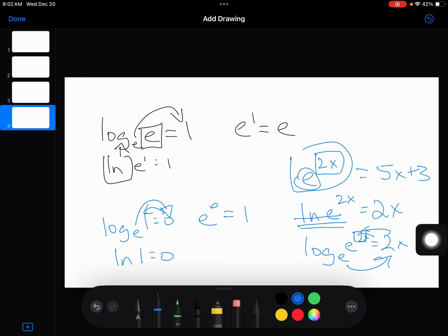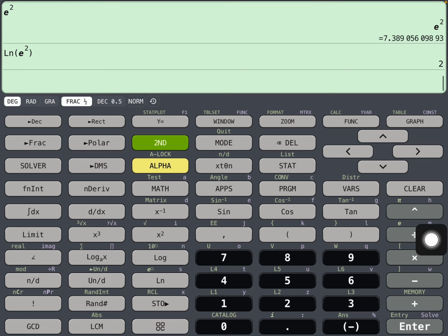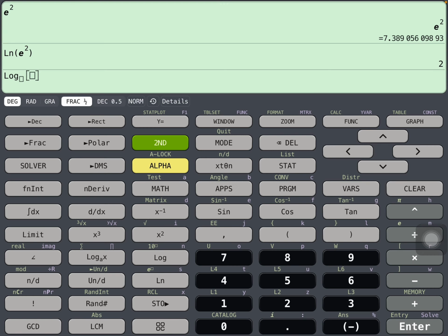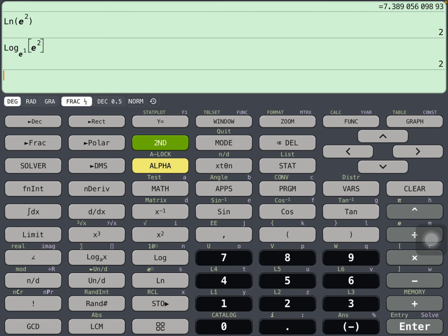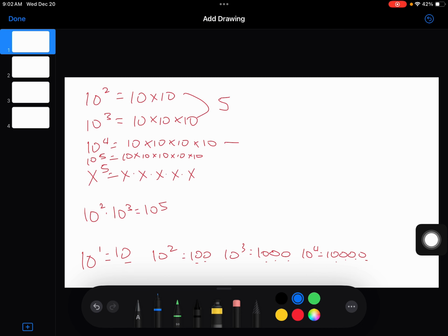So ln, in this case, x would equal 1, and so ln is going to be the same as log, go to math, and down to c, log base, we're going to get e to the first power, and then we're just going to put in e squared like we had there with ln, and it's going to turn out 2 for us. And so that's the definition of a log. It's an inverse function of an exponential exponent, and you can see how the progression works here.